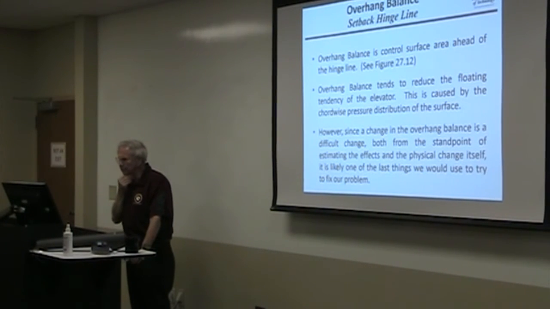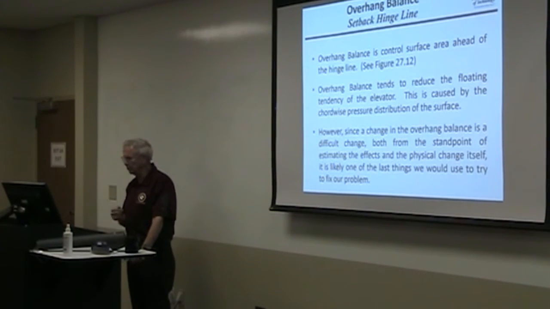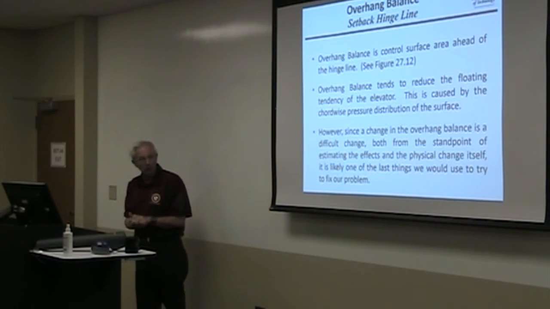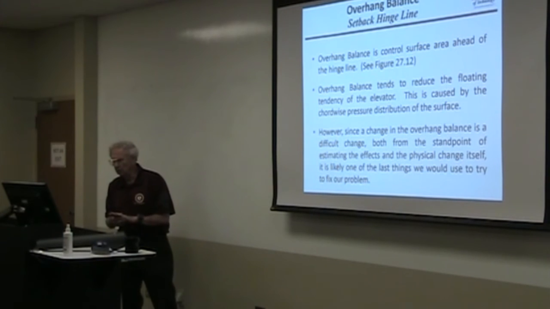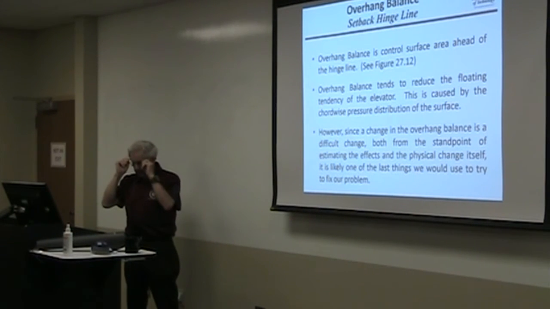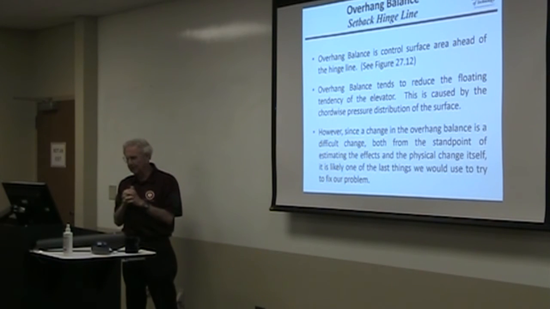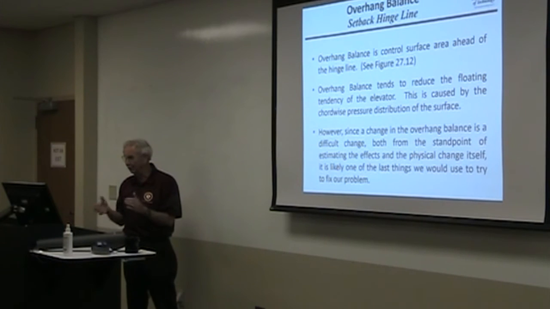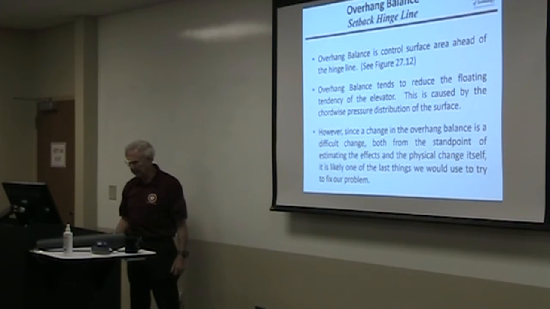It tends to reduce the floating tendency, which is what we want to do, and that's caused by the chordwise pressure distribution on the surface. Notice chordwise. Well, this is a pretty difficult change because essentially you're redesigning the elevator if you move the hinge, right? And so it's likely one of the last things we'd probably try.